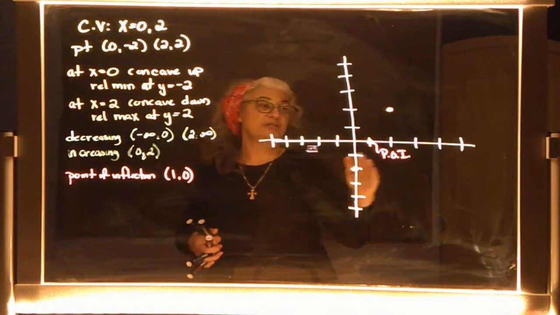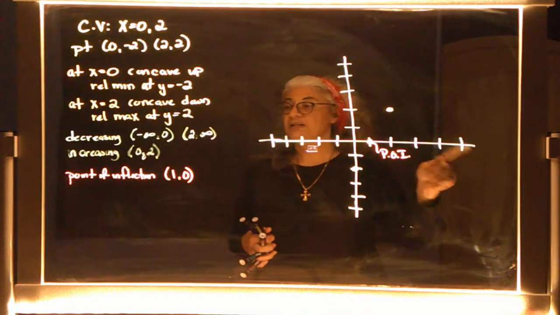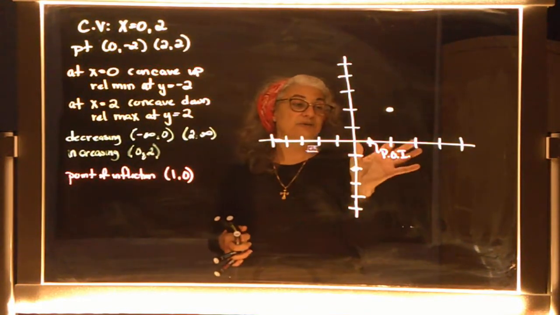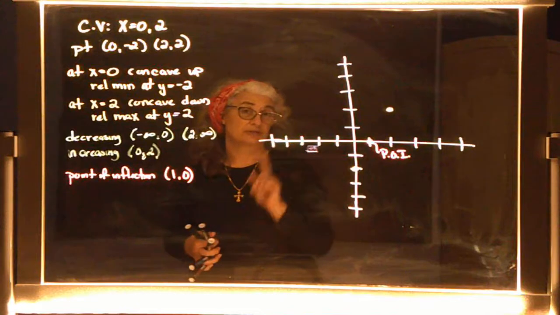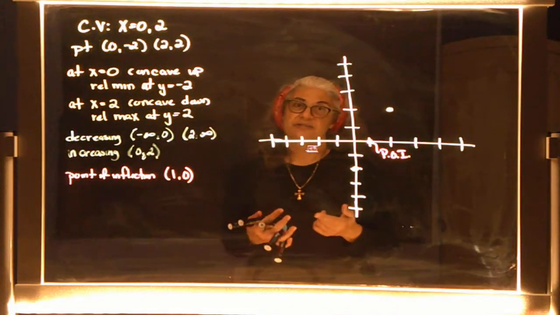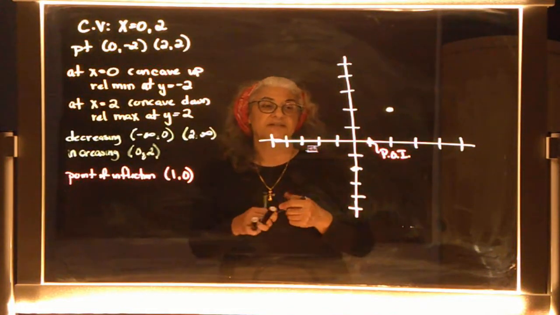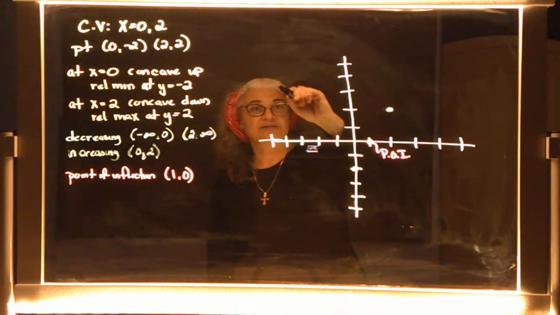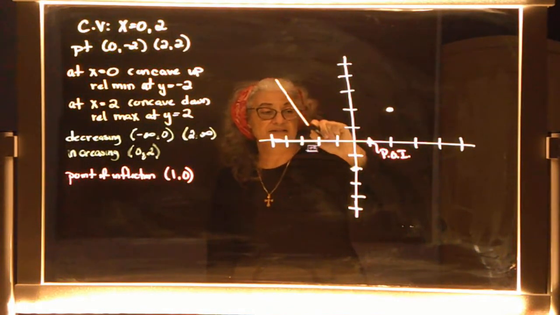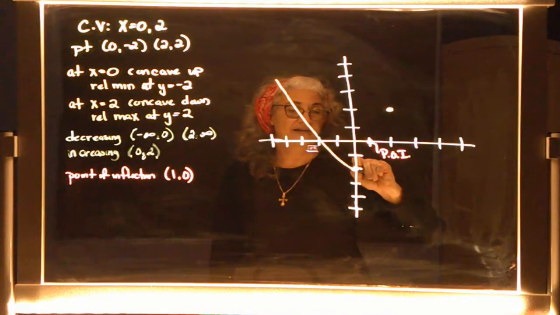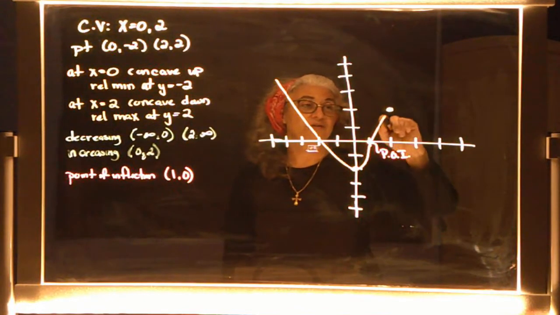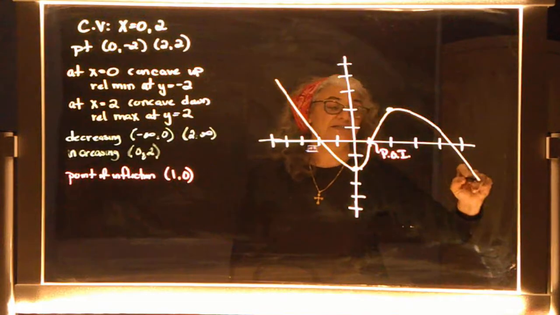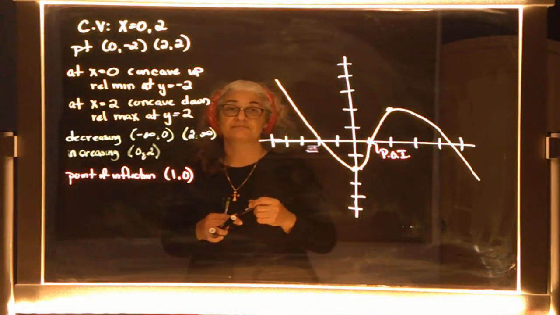And it was also decreasing from 2 to infinity. And it increased between 0 and 2. Correct? All right, so this is what I've got this graph looking like. It's decreasing from negative infinity to 0, and then it increases here, and then it decreases on that last part.